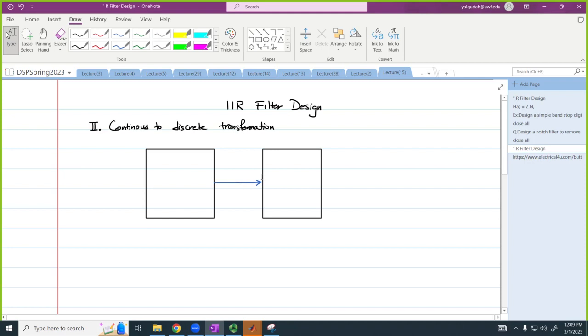So what we're going to do is the following. We're going to review the Butterworth filter. Anybody heard of the Butterworth filter? I don't think so. We're going to review the Chebyshev filter. Anybody heard of the Chebyshev filter?